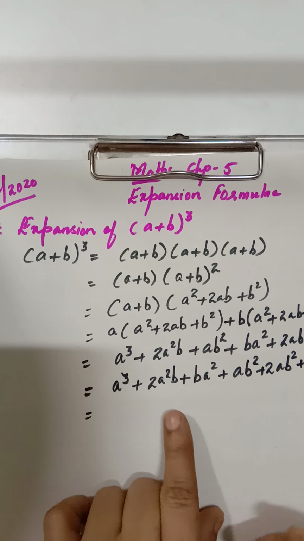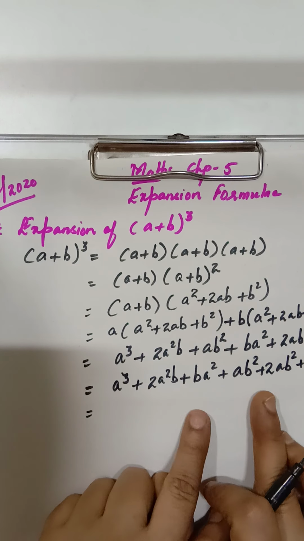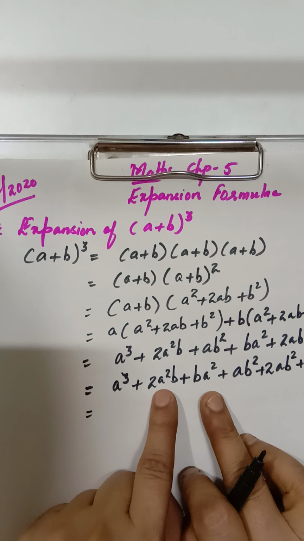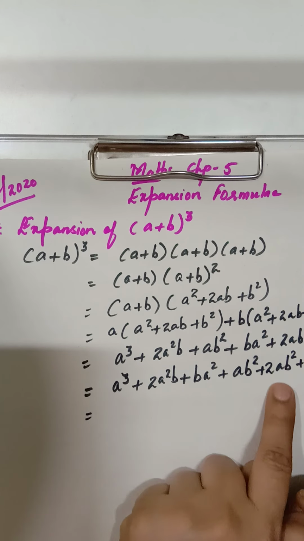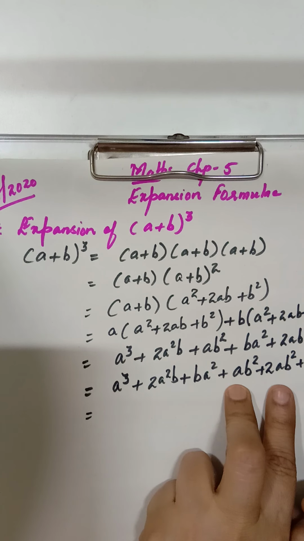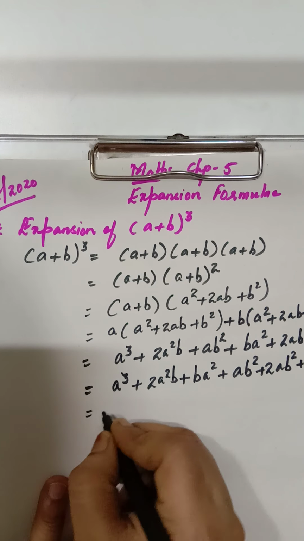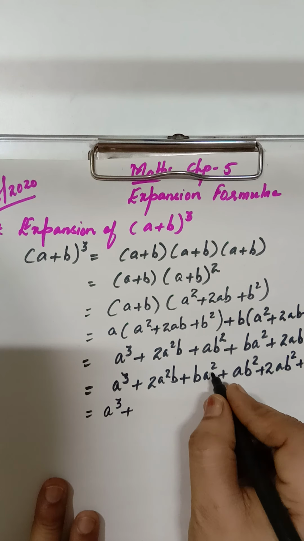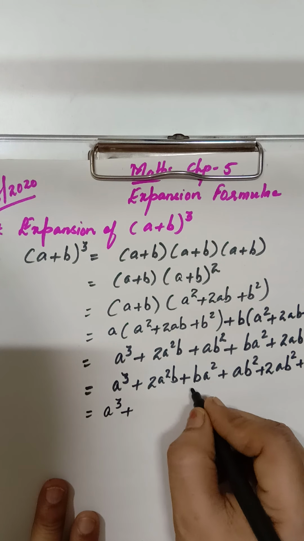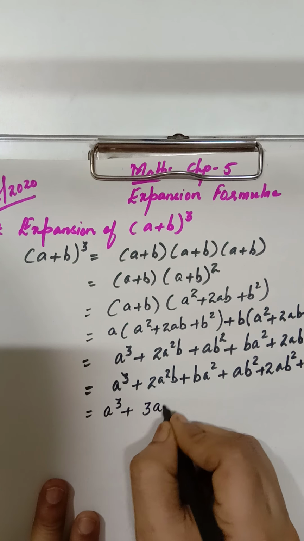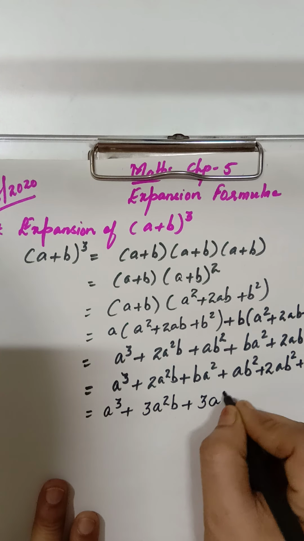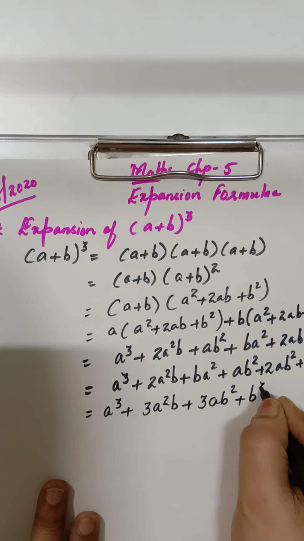Now see children, here we have arranged like terms, where the power of the variable is the same, a² and b. Here also ab², both terms have a and b². Now this becomes a³ plus 2a²b plus 1a²b, right? Nothing is given, that means 1. So it becomes 3a²b plus 3ab² plus b³.